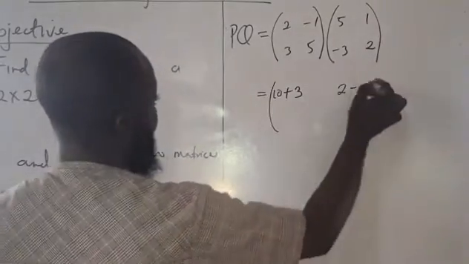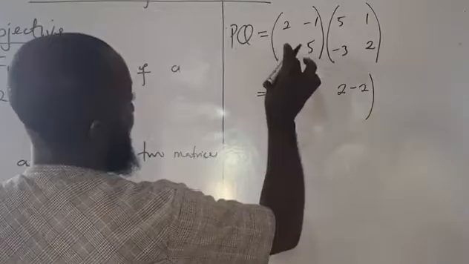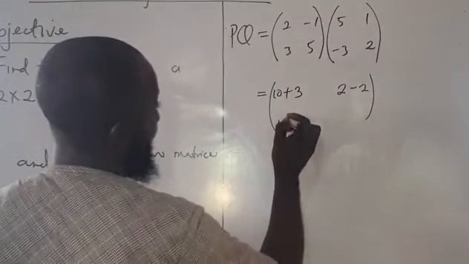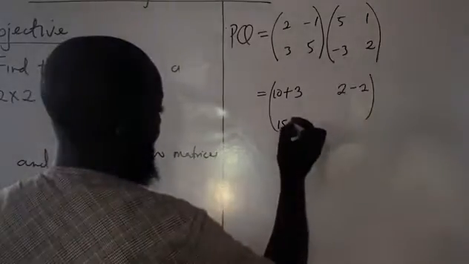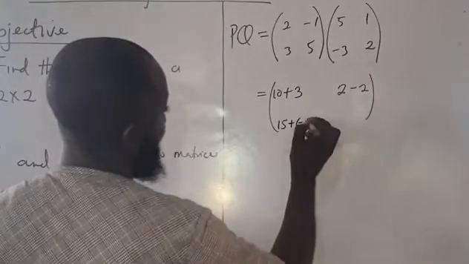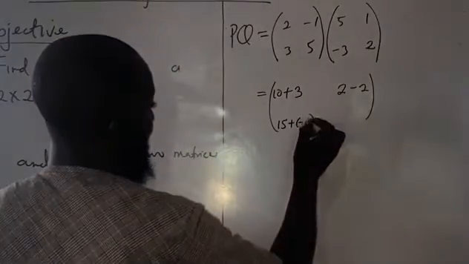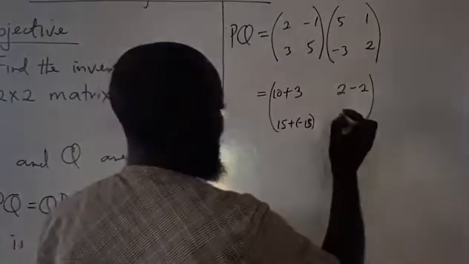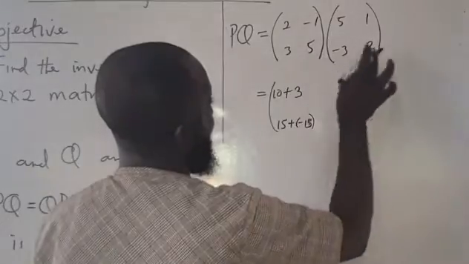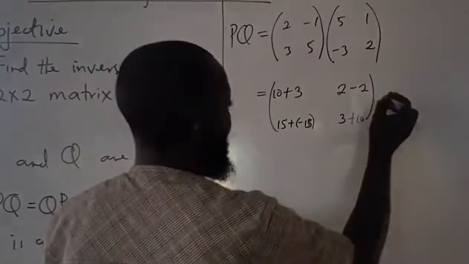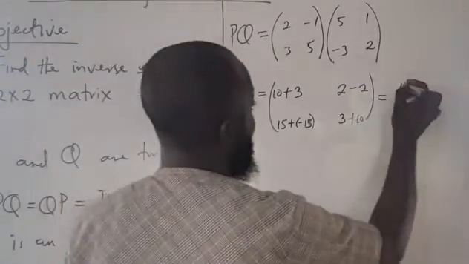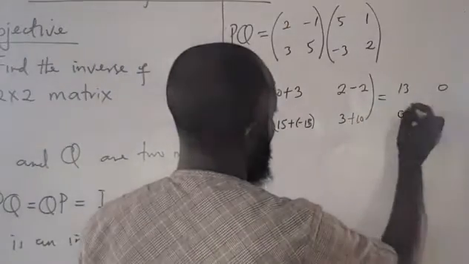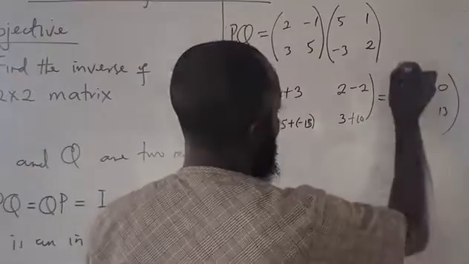The next row is 3 times 5, which gives 15, then 5 times minus 3, which is minus 15. I hope I'm making sense. Then 3 times 1 is 3, then 5 times 2 is 10. So let's see what we have: this is 13, this is 0, this is 0, and this is 13.